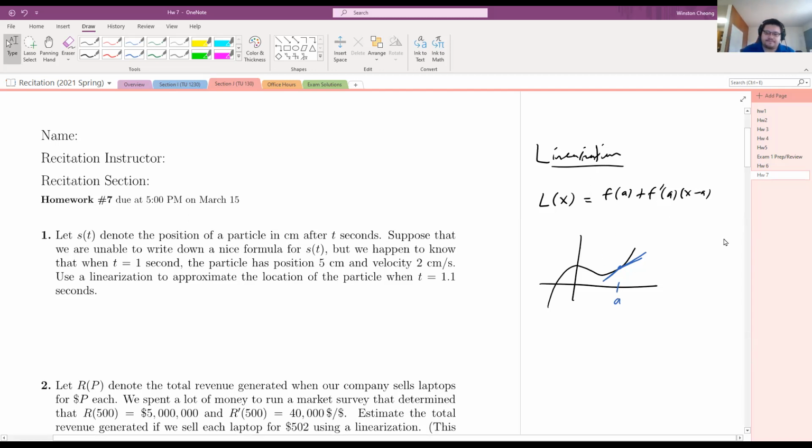Okay, and so then let's also explain why this formula makes sense. The x minus a is to just center it at a. You're focusing in on the point x equals a, and at that point, this f prime of a is matching up the slopes.